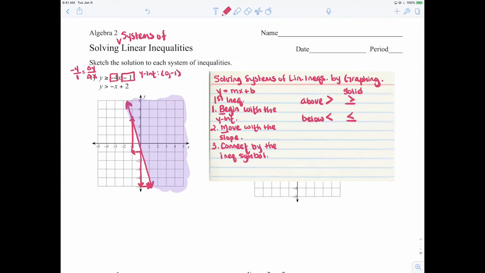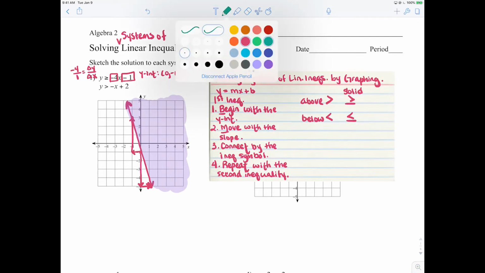So our last step would be to repeat with the second inequality, and that would be y is greater than -x plus 2. Let's do this in a different color.